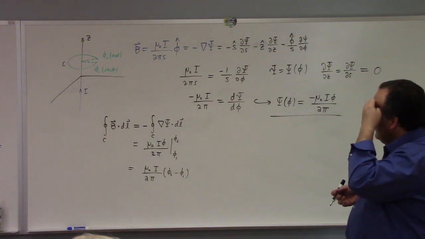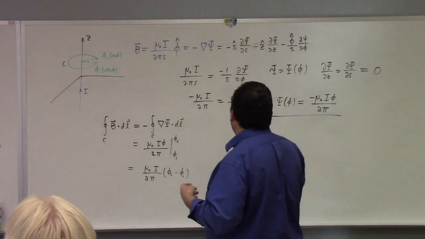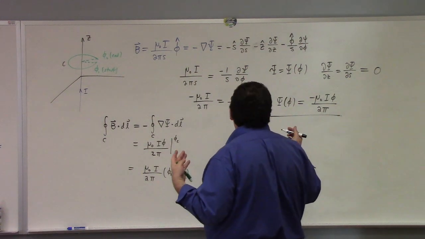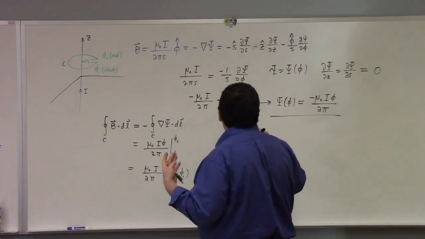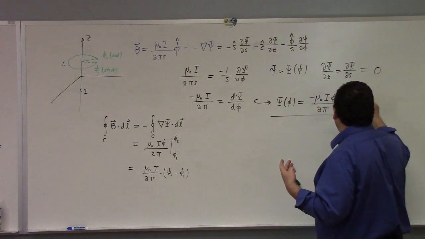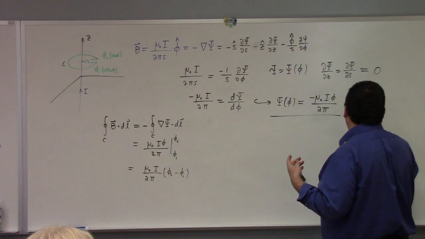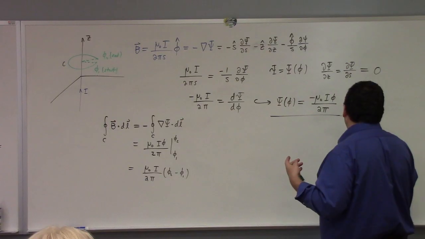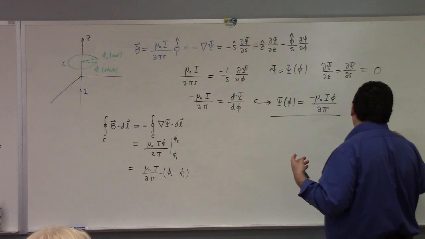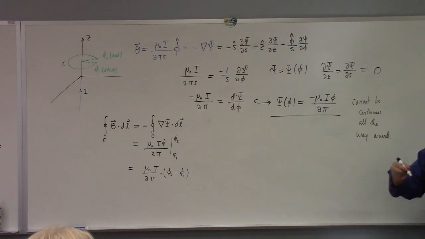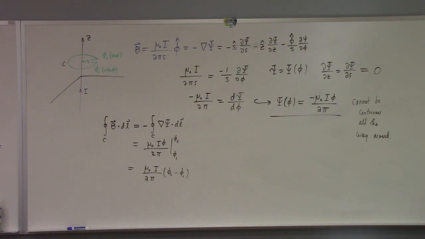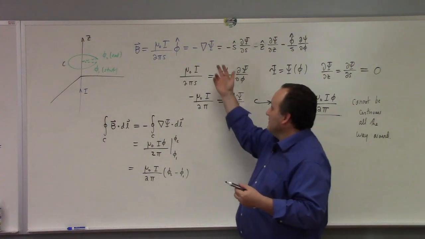The issue is, and it's a very subtle thing actually, so maybe I'm being a little bit too dramatic, but this cannot be continuous all the way around. It cannot be, because it has to have the 2 pi jump. But remember, if it's differentiable, it's necessarily continuous. So we can only locally satisfy that the magnetic field is the gradient of a scalar.